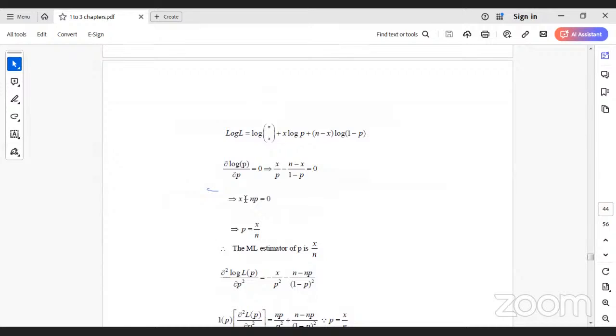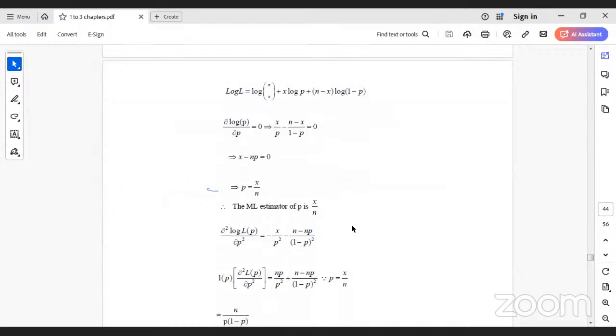So taking the common denominator p(1 minus p), it is x minus np. The partial derivative gives the value x by n. The ML estimator of p is x by n. Therefore the ML estimator p is equal to x by n.